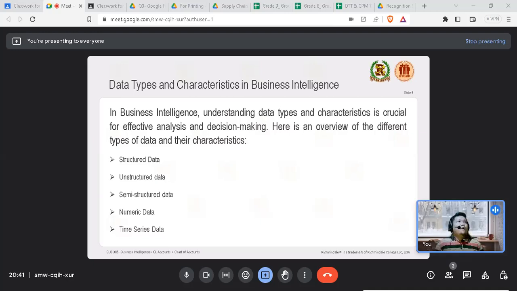Visual representation of numeric data such as line charts, bar graphs, pie charts, heat maps help users gain insight at a glance and make data driven decisions.